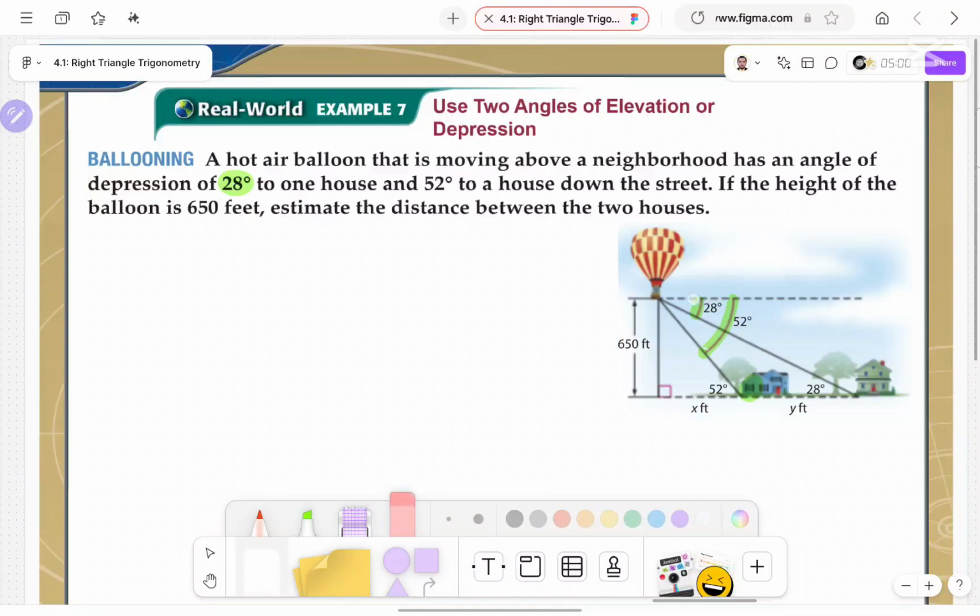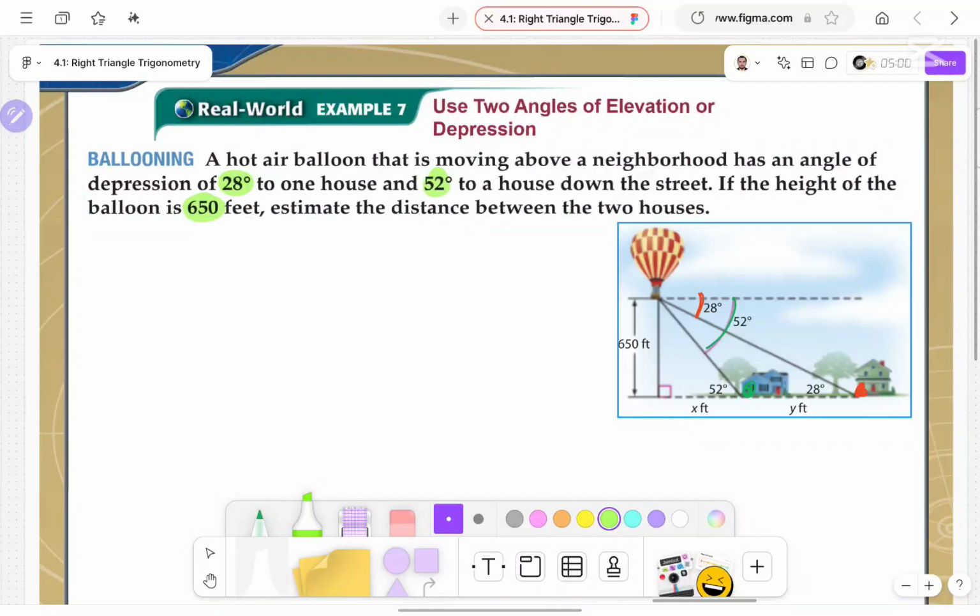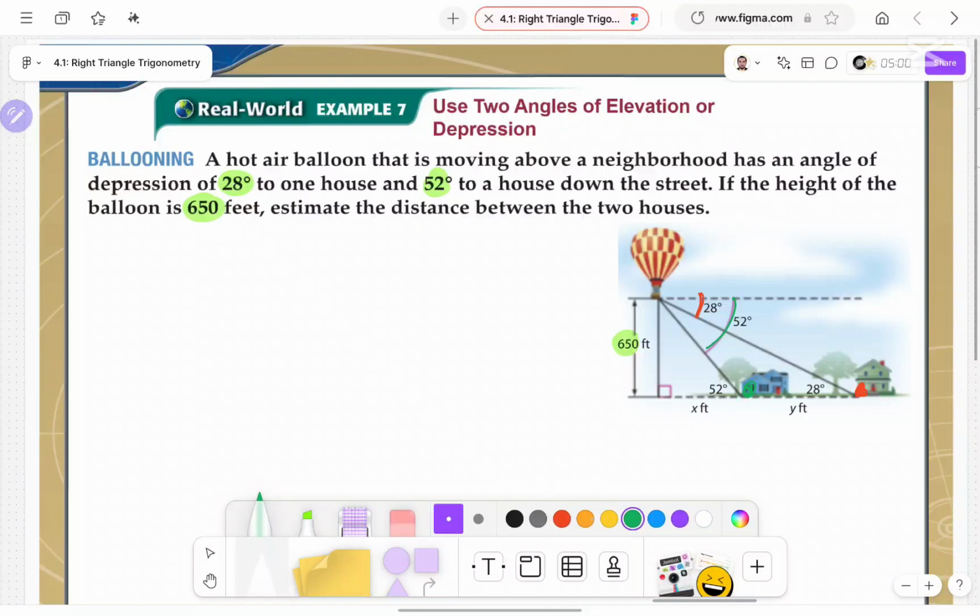Now we know that the first angle is for the first house, and the second angle is for the second house. Now let's continue. If the height of the balloon is 650 feet, which is this one here, estimate the distance between the two houses. So he needs now to find the side y. So we need to find this length, the distance between them.